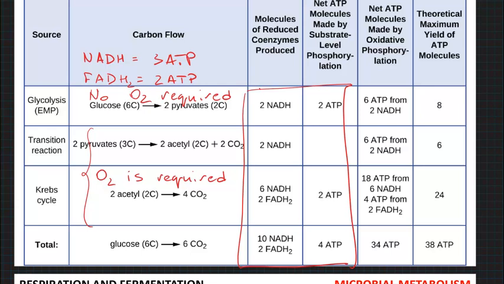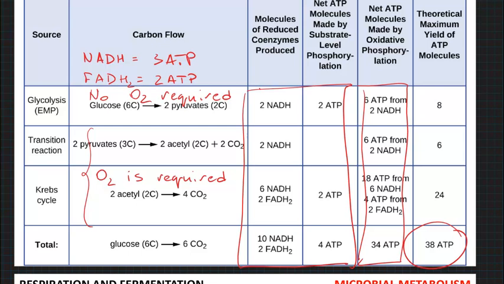So I'm going to skip the boring arithmetic. I can tell you all these calculations are correct. So at the end of the day, the maximum possible theoretical yield, and I can't emphasize it enough, theoretical yield of aerobic respiration is 38 molecules of ATP.